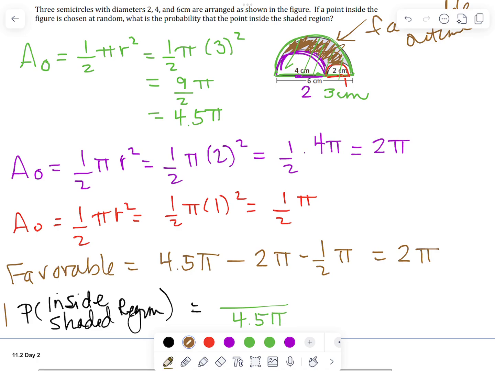And then the favorable outcome, which is this green-brown area, of 2 pi. And then we simplify it. The pi's are going to cancel, so we're left with 2 divided by 4.5, which is approximately 0.444.